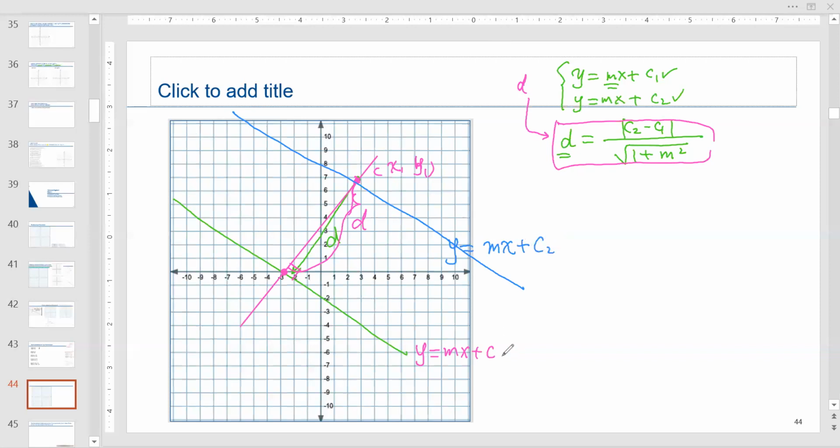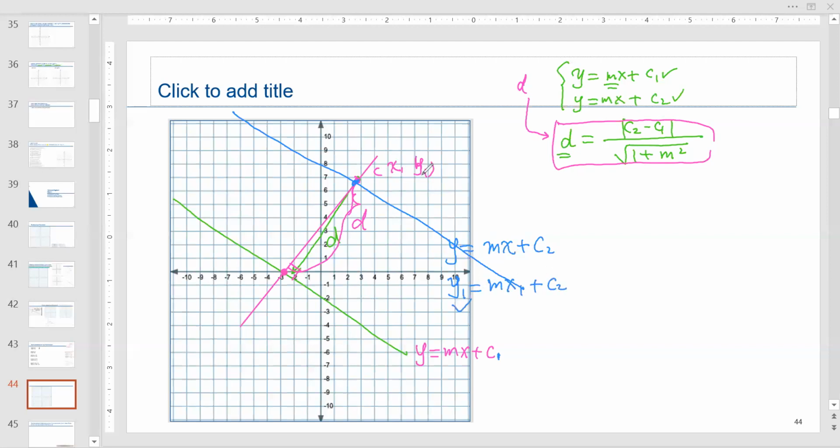Initially this one is assigned c1, okay? Since this line passes this dot, we can put this dot into this formula. It makes sense, right? So it means y1 equal mx1 plus c2.